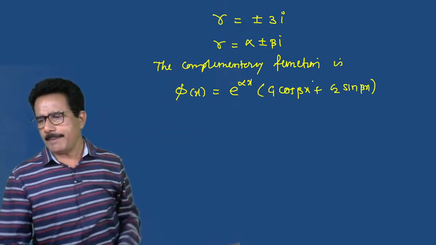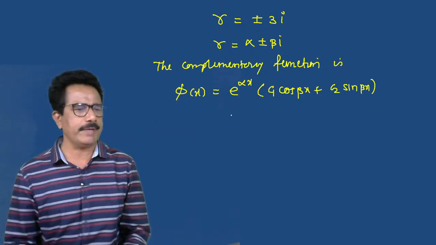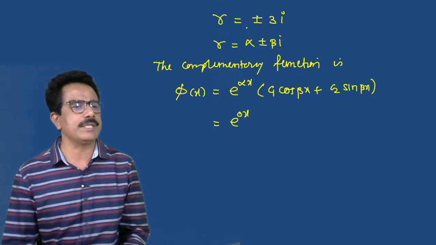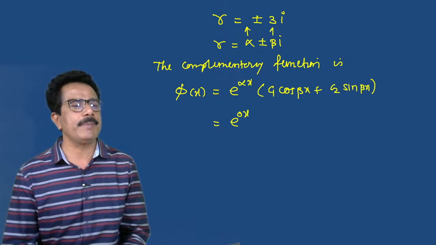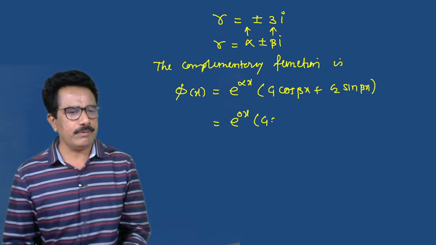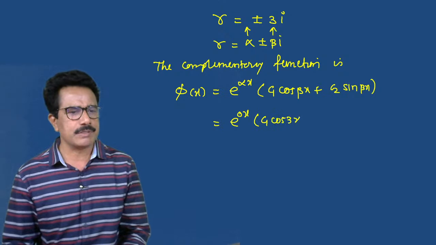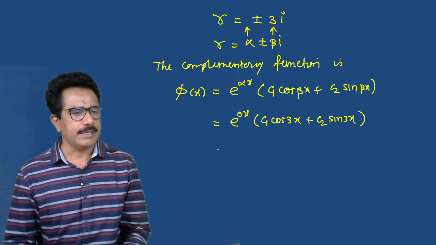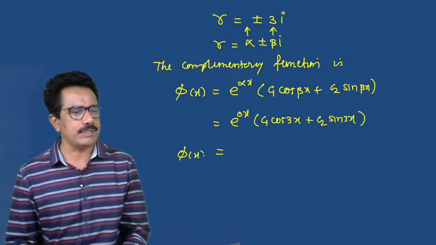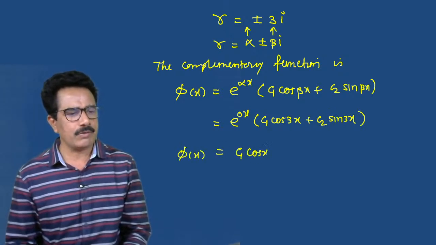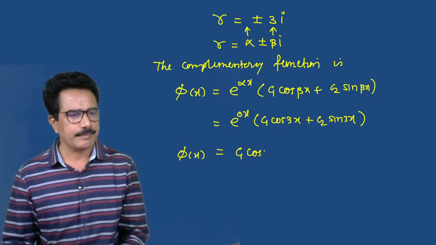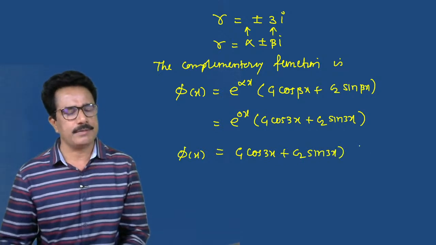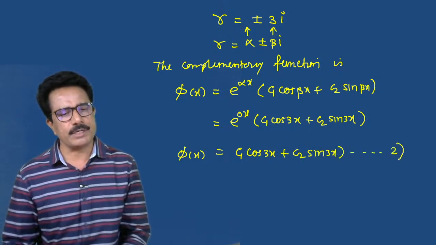Very good, very nice. e raised to 0x, alpha means 0, beta means 3. So c1 cos 3x plus c2 sin 3x. That means phi of x is equal to c1 cos 3x plus c2 sin 3x. Okay, suppose this is equation number 2.